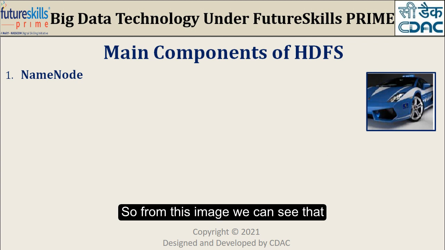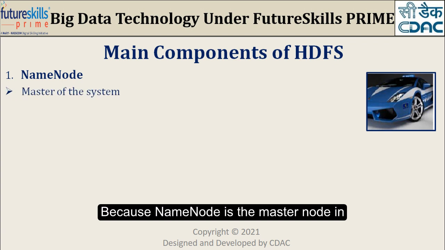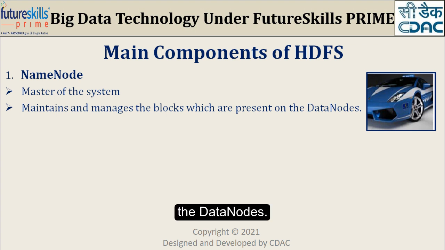So, from this image, we can see that a Lamborghini is presented for name node. Why? Because name node is the master node in Apache Hadoop HDFS architecture that maintains and manages the blocks present on the data nodes.